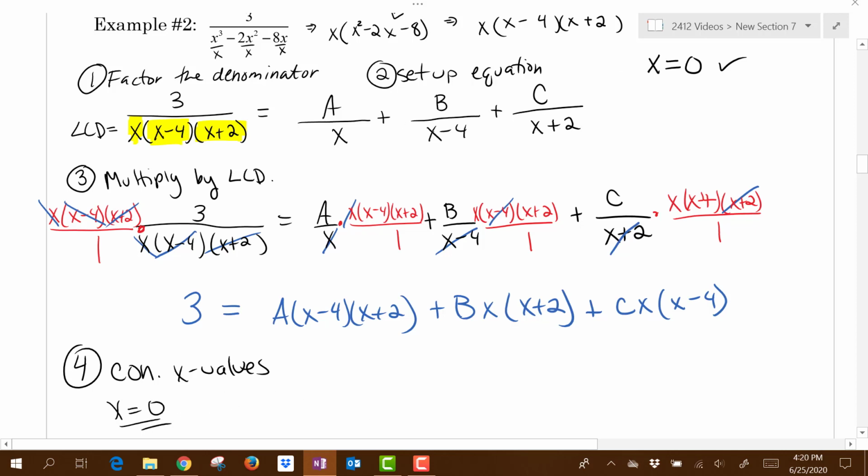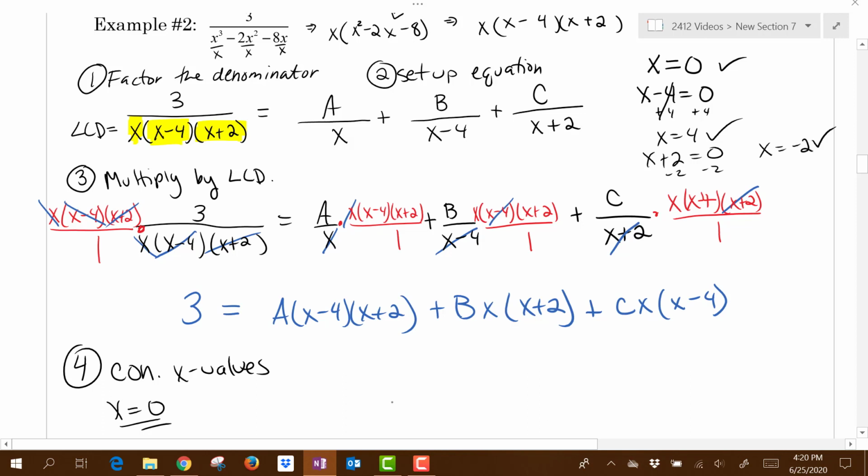Alright, another convenient x value, let's take that denominator, set it equal to 0, solve for x, add 4 to both sides to get x equals 4. So there's another convenient x value. And x plus 2, set that equal to 0, subtract 2 from both sides to get x equals negative 2.